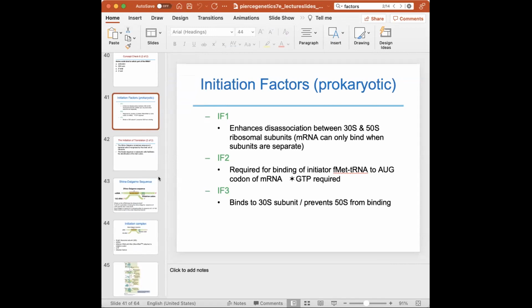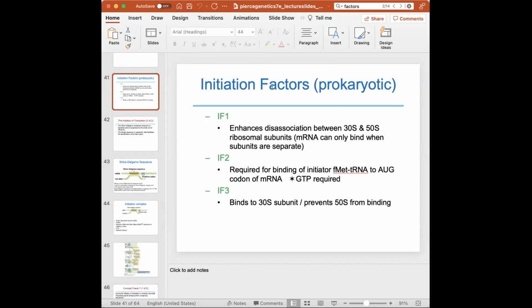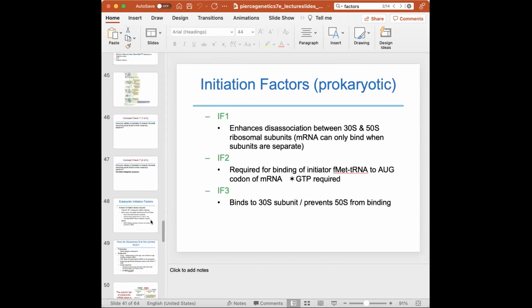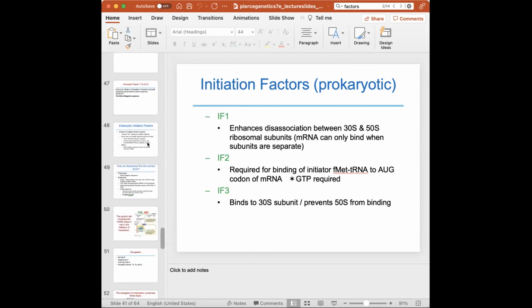So they're not part of your mRNA sequence and they're not part of your ribosome. They're just their own things that float in and help everything stick together. So for prokaryotes, those are the 3 initiation factors that you have to be concerned about.